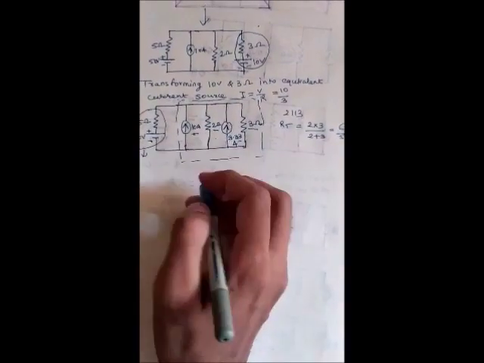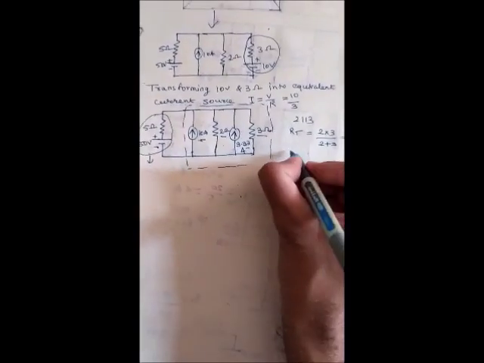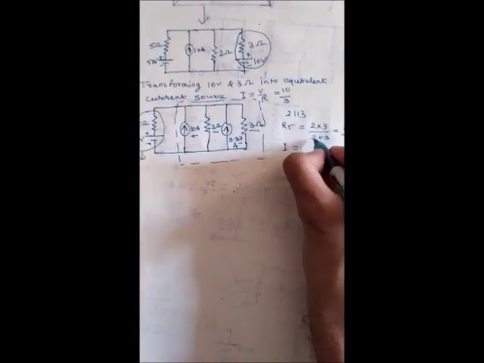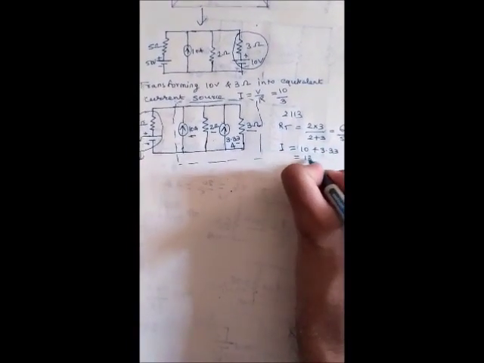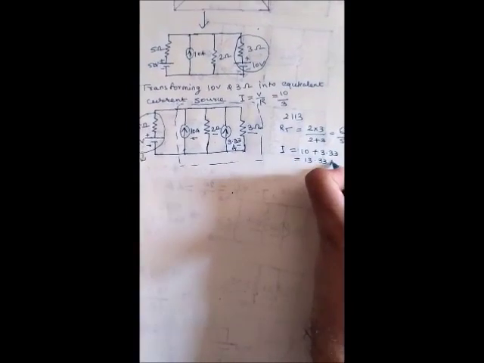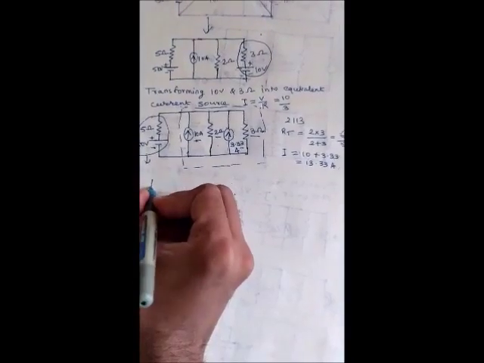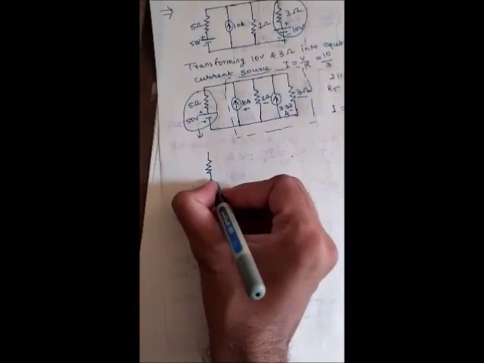And 10 plus 3.33 is 13.33. So the current source I equals 10 plus 3.33 equals 13.33 ampere. I will keep the voltage source as it is.